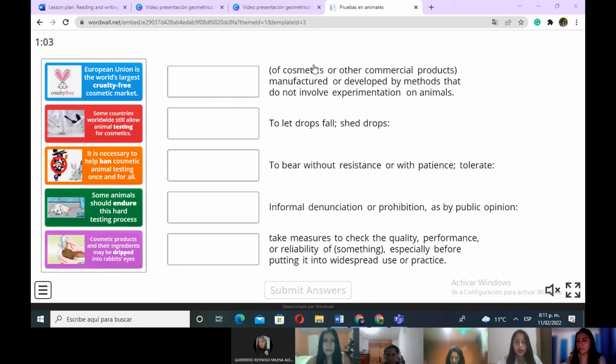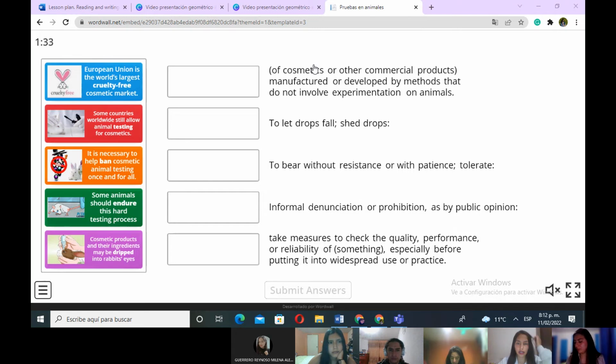So here you are, guys, the link. Now I'm going to explain a little bit how this activity works. Here you are going to find some sentences, and each of them has a picture.